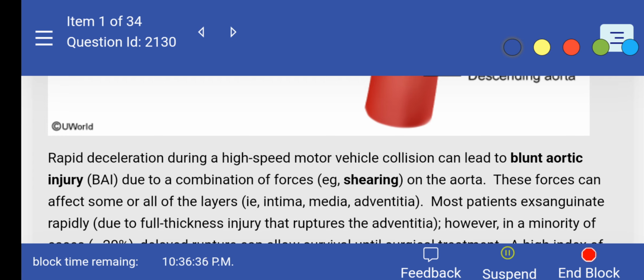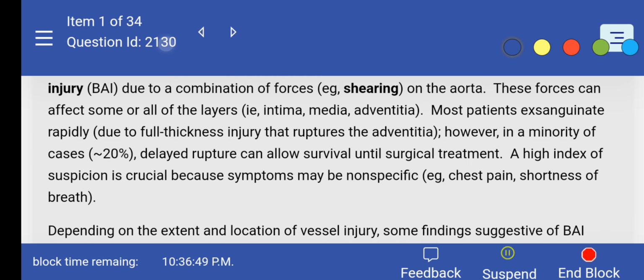Most patients exsanguinate rapidly due to full thickness injury that ruptures the adventitia. However, in a minority of cases, about 20%, delayed rupture can allow survival until surgical treatment. A high index of suspicion is crucial because symptoms may be non-specific, for example, chest pain and shortness of breath.